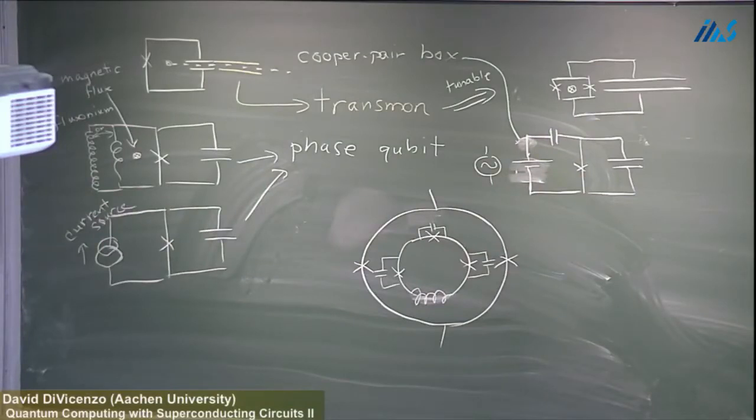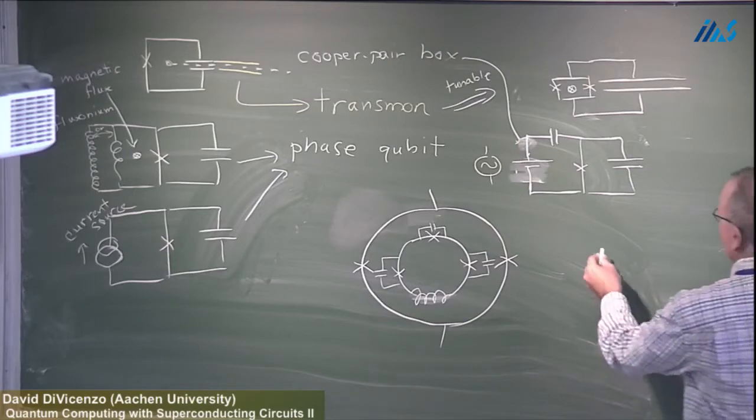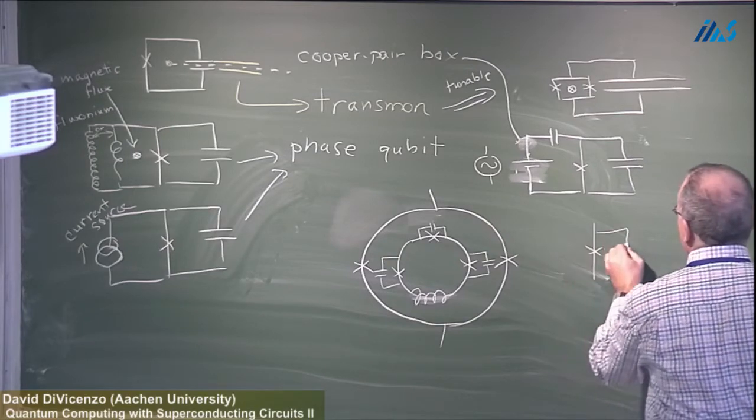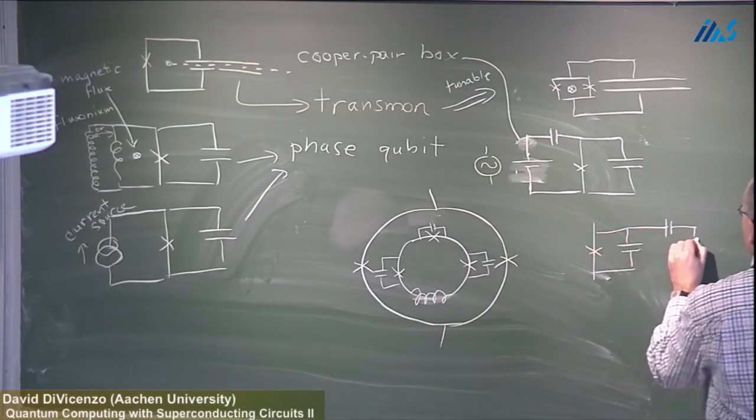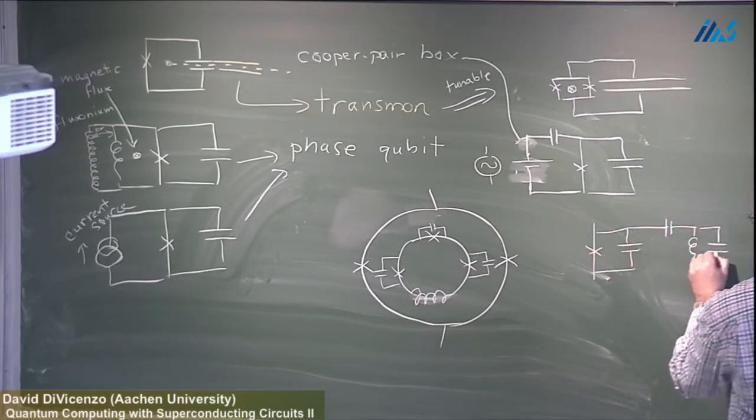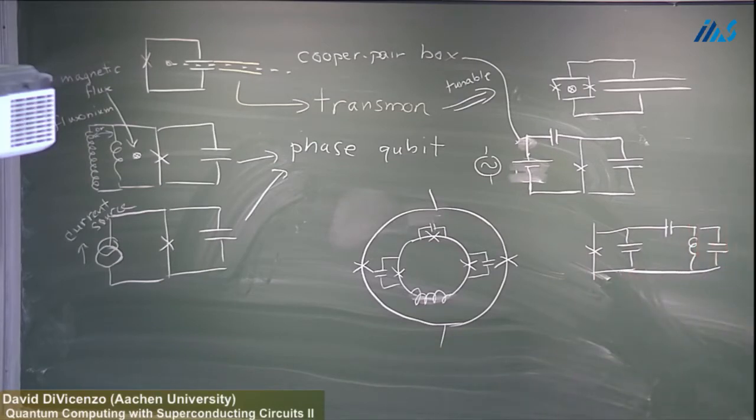And then I think I have a final one. No, well, I have two more cartoons here. Actually, I have a few more, but I won't say them all. One is to take any old qubit, like the Cooper pair box transmon, and then have another structure which you can schematize this way. But this is not a single qubit. This is the start of the optics side of this story.